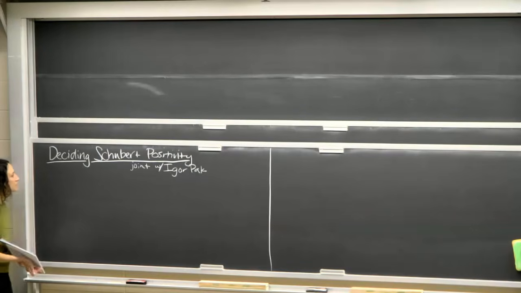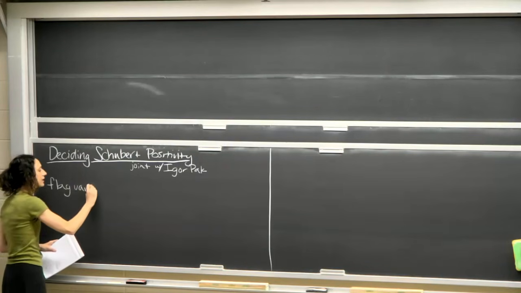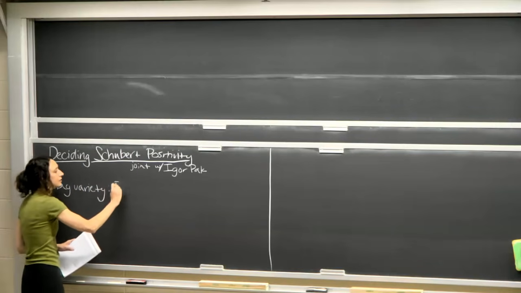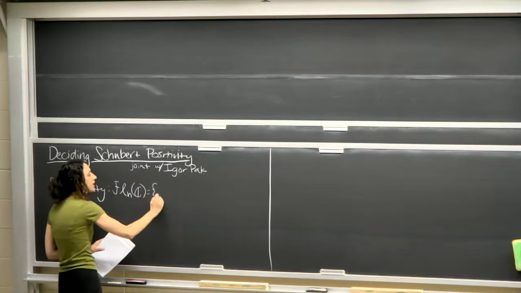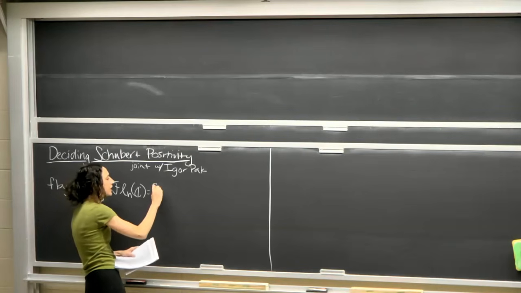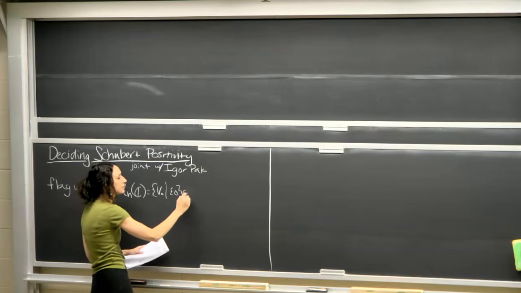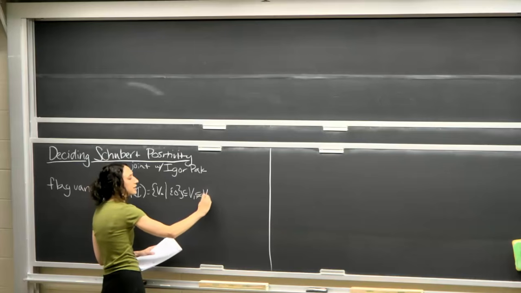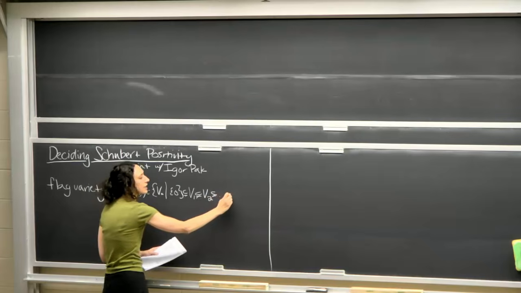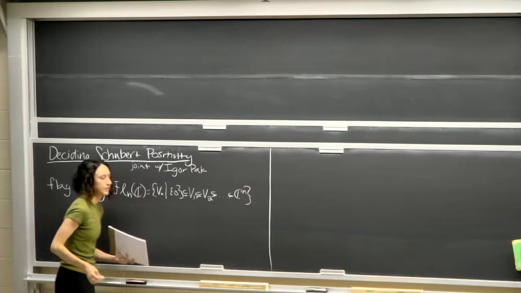Okay, so first let's talk about what these Schubert coefficients even are. We'll start in the flag variety. So I'll notate FL_n(C), right? And this is the space of all complete flags, where I start with a 0 subspace, which is sitting inside of a one-dimensional subspace, inside of a two-dimensional subspace, and I just keep building up until I get to C^n.